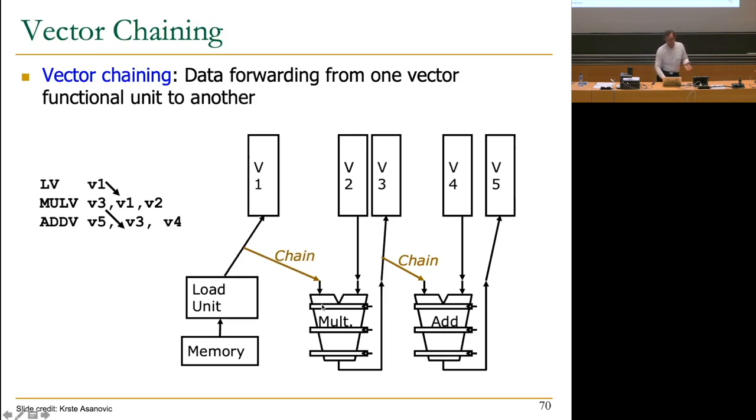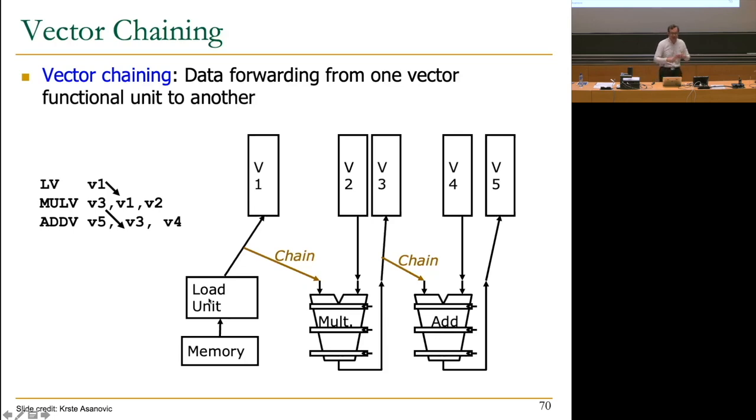Every element goes to this multiply unit in a pipeline manner, such that you don't wait for this entire register to be full. Similarly, the result of this multiplication unit is also supplied to the add unit, every element, in consecutive cycles, such that the add unit can overlap execution with the multiply, which overlaps execution with the load.